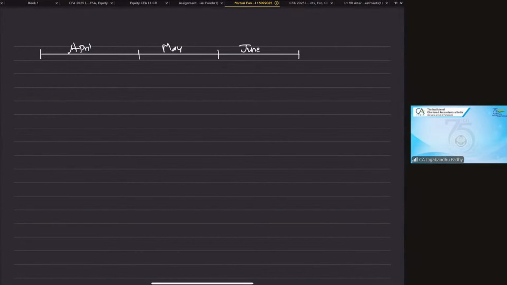At the start of April, you had 300 units. Then at the end of April, 6 lakh units were issued. So 300 plus 6 became 306 lakh units. Correct, guys? Then out of this 306 lakh units, 3 lakh units were redeemed in the month of May.